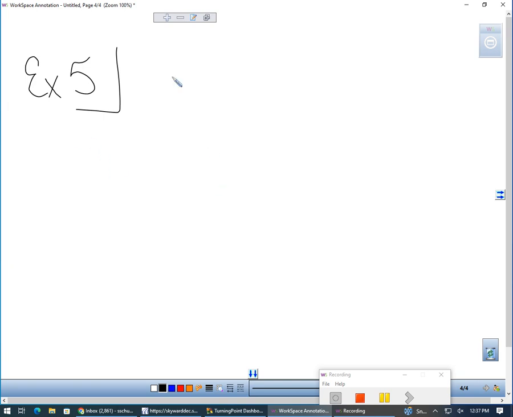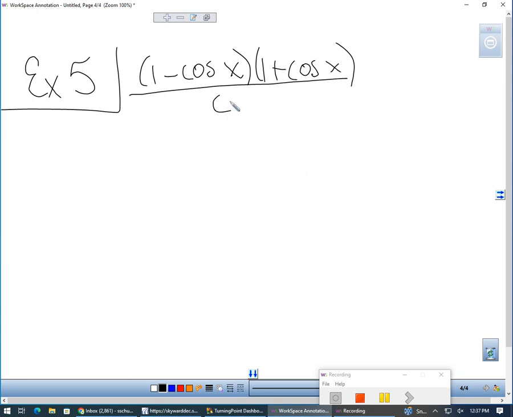Let's do one like this. Let's say I have 1 minus cosine x times 1 plus cosine x all over cosine squared x. And I want to show that this somehow magically equals tangent squared x.